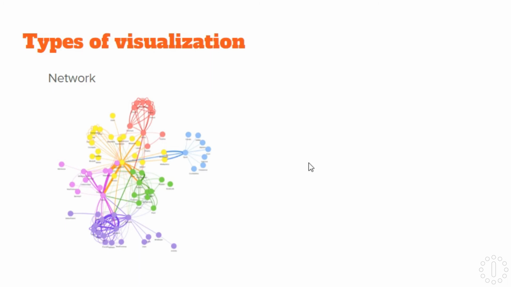At the end are the networks. In the network part we have some linkage, some relationship between the nodes. It can be social networks, it can be products in different cities, or markets in different cities, or maybe a network of sensors, and the linkage between them is the dependency, the weight.